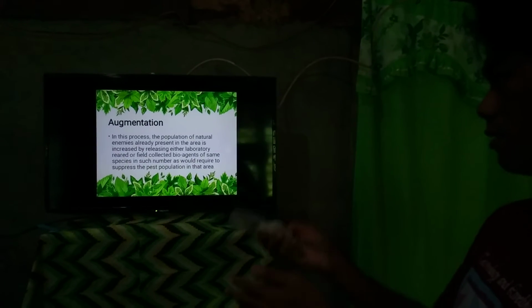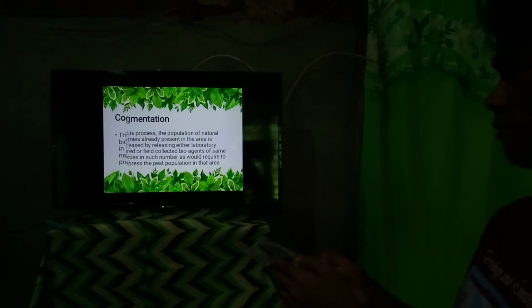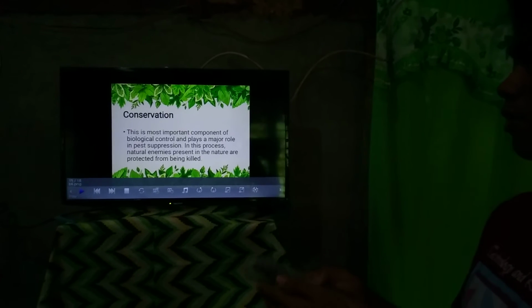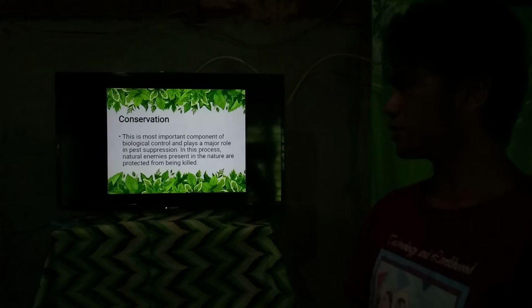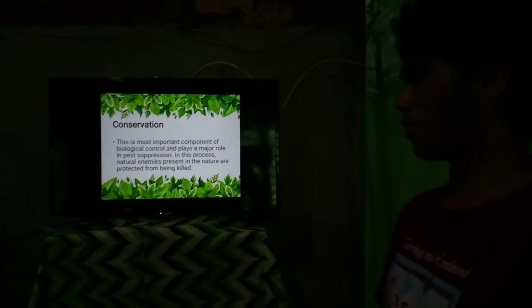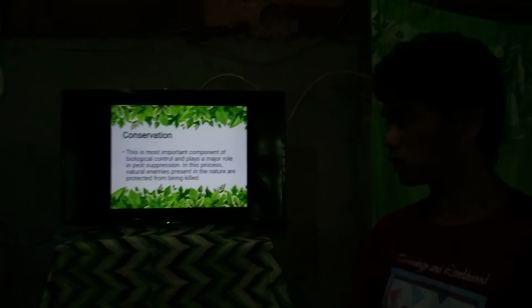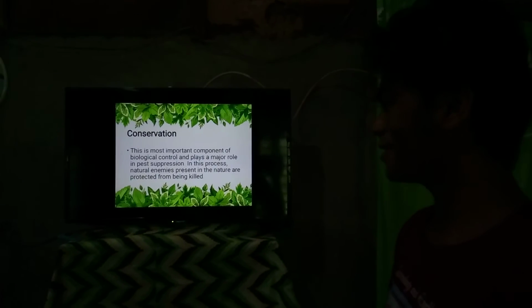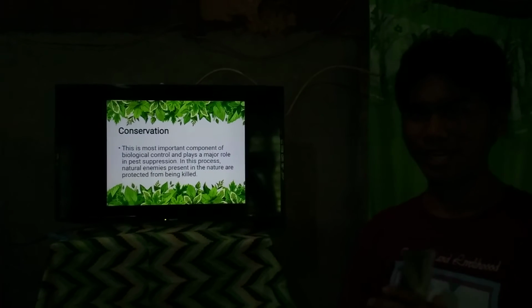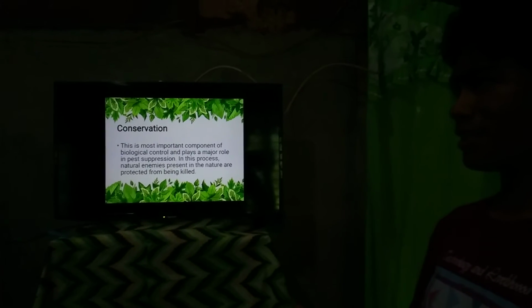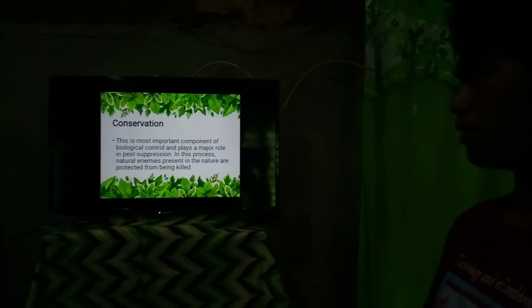So next, the last is conservation. This is the most important component of biological control and plays a role in pest suppression. In this process, natural enemies present in nature are protected from being killed. So the predators can be protected and the pests will be eliminated.